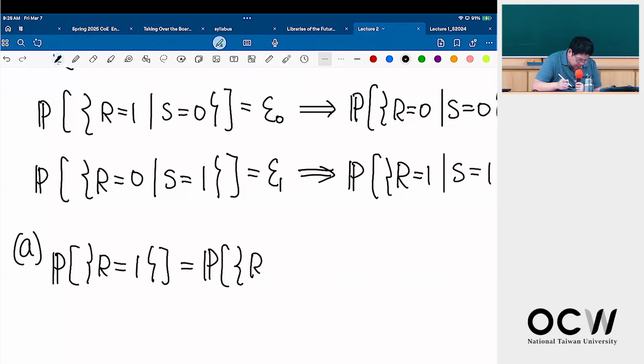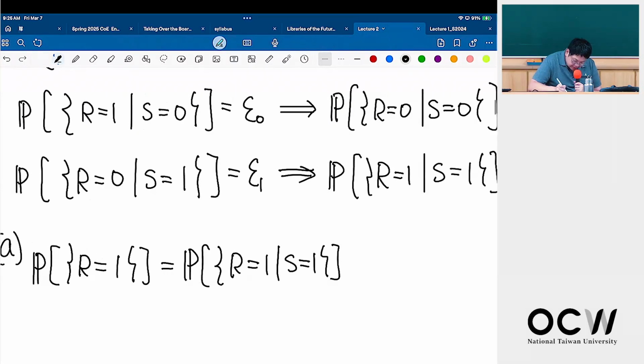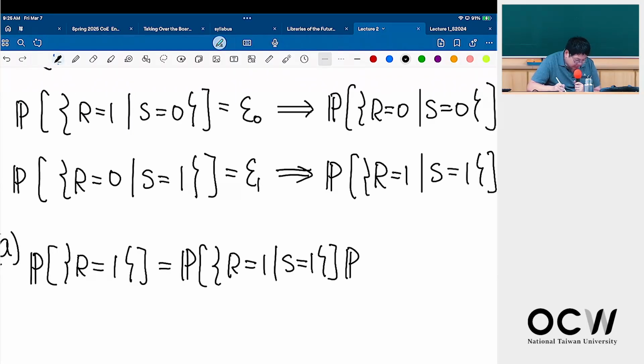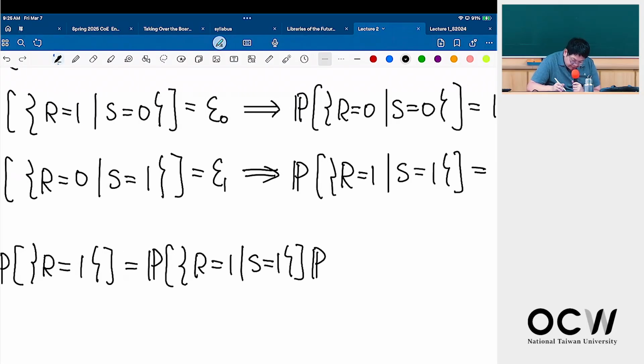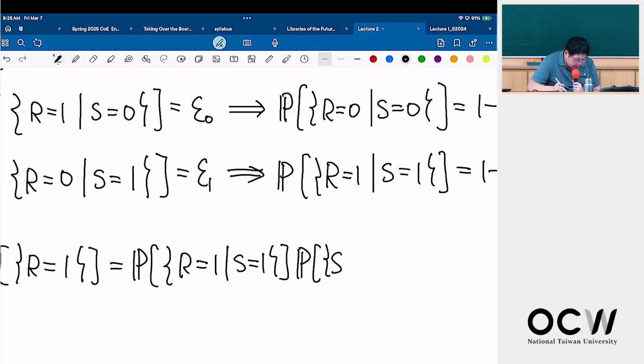Given 1 is sent and I receive 1, and given 1 is sent, the probability of having 1 sent is 1 minus p.